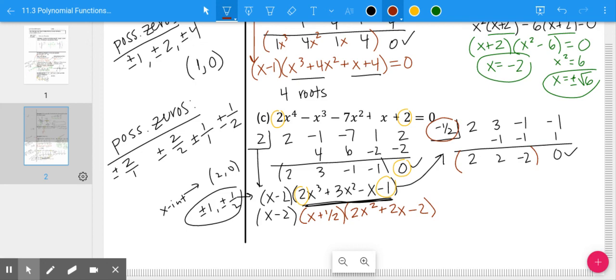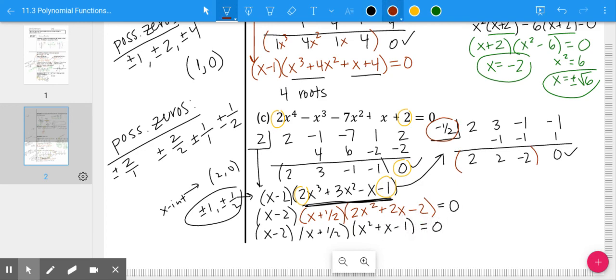You can go ahead and pull that 2 out. Since this whole thing is equal to 0, you can divide that 2 away technically, which is kind of fun. And you can say that you just pull that 2 out to get x squared plus x minus 1, and then you divide the 2 away. So you're just totally allowed to ignore it.